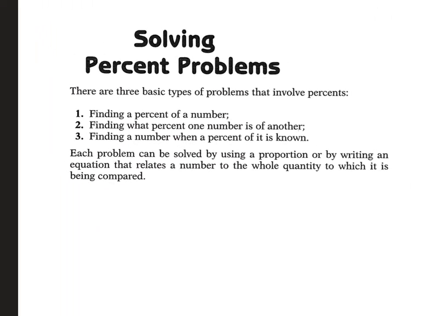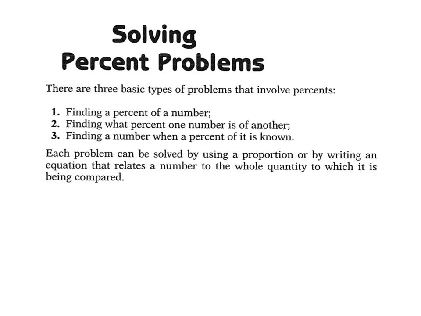For our last part of this lesson, we're solving percent problems. So there are 3 basic types of problems that involve percents. One is finding the percent of a number. The next is finding what percent one number is of another. And 3 is to find a number when a percent of it is known.